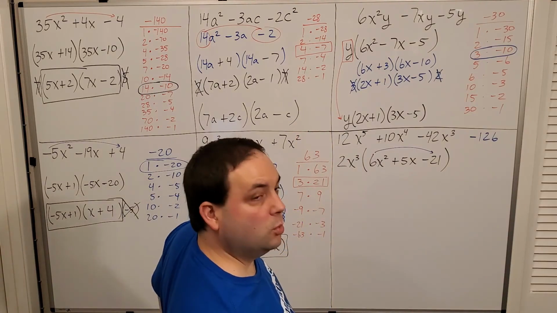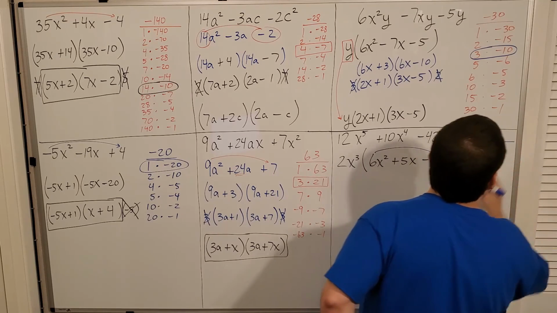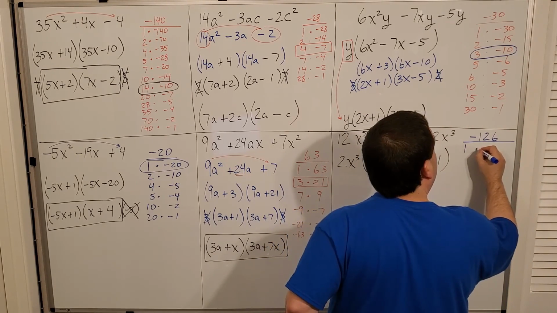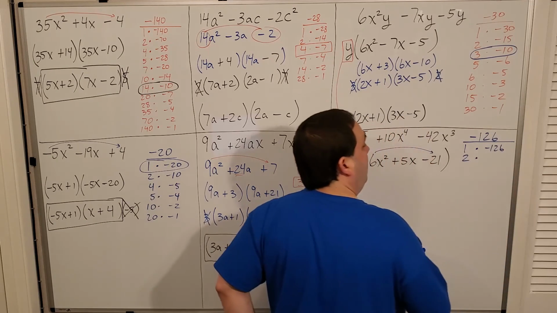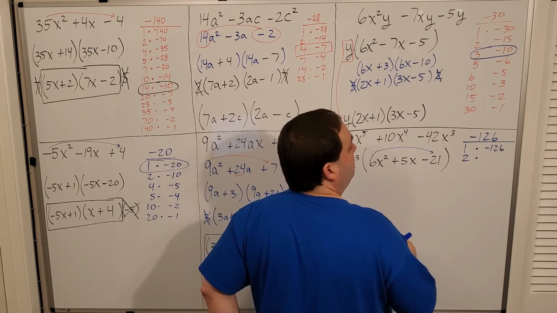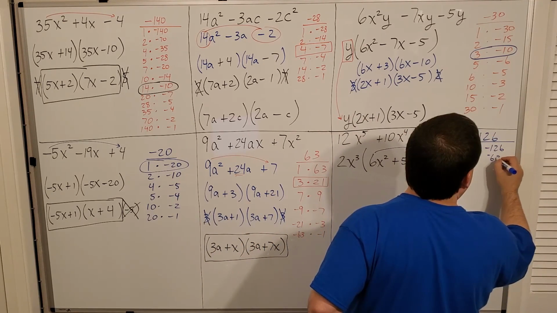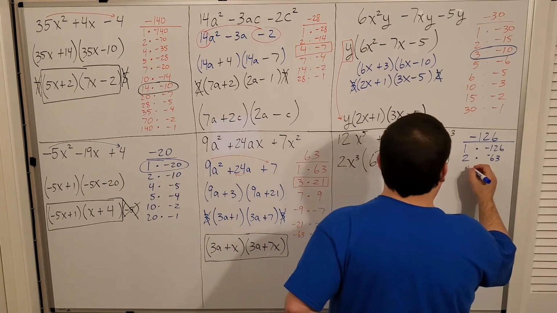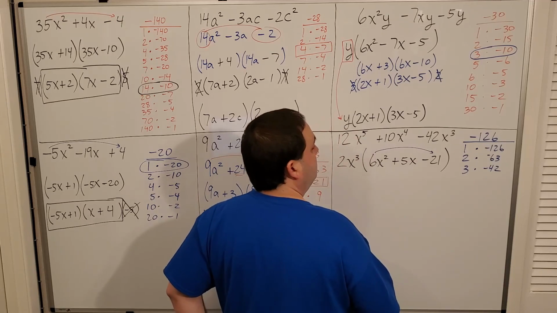Because 6 times 20 is 120, and then plus another 1 times 6. Okay? So I have 1 and negative 126. 2, obviously, right, because it's an even number, will be 63, negative 63. 3 and negative 42.